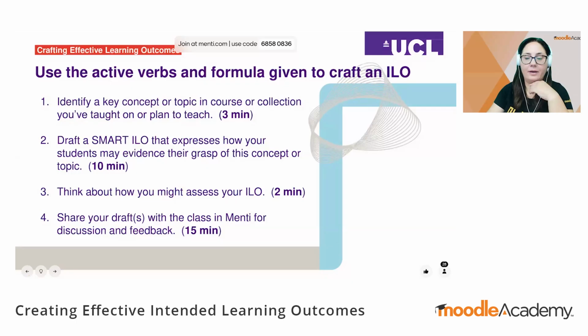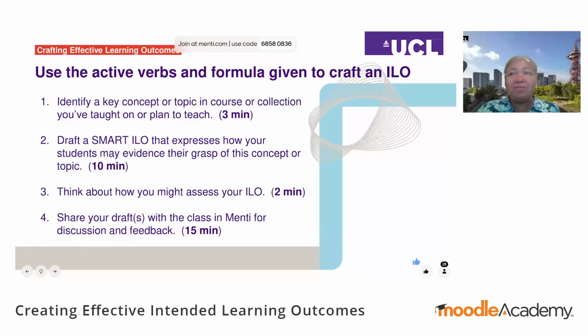Just confirming that we have both a PDF with the taxonomies and with the active verbs, and also the guidelines for the task. Great. Thank you very much. Okay. So this information is now in the chat.